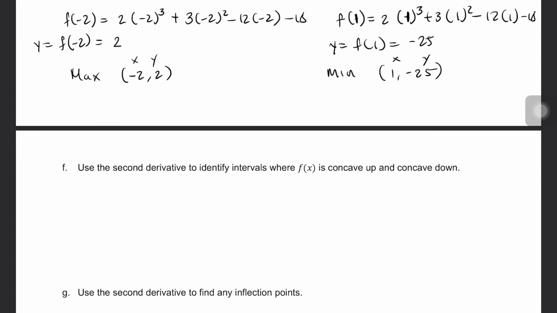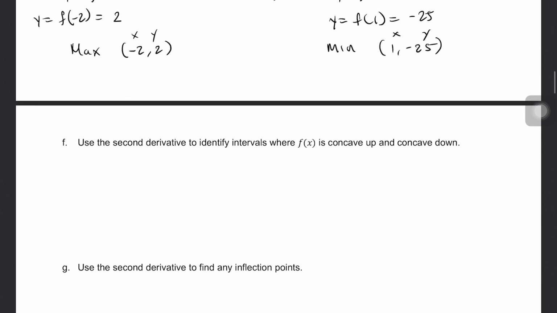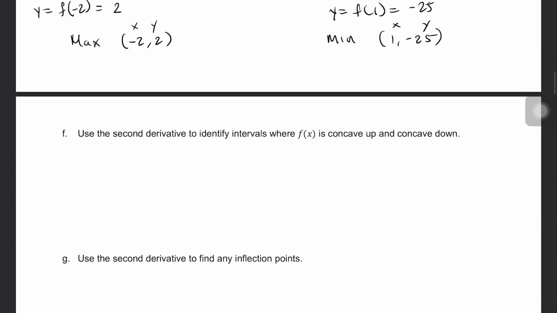All right, so moving on, the next part is asking us to find the second derivative. Use the second derivative to identify the intervals where the function is concave up or concave down. So let's go ahead. We already know this. The second derivative is going to be 12x plus 6.